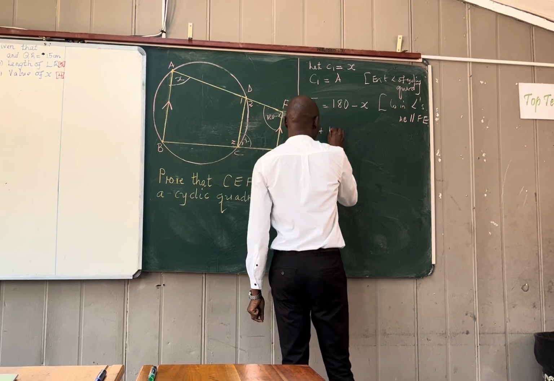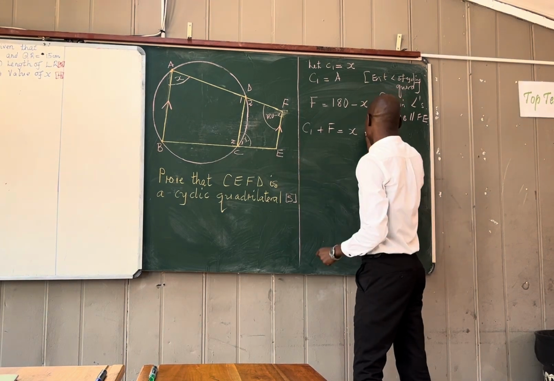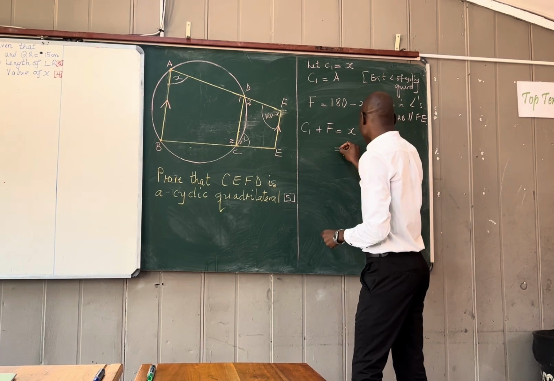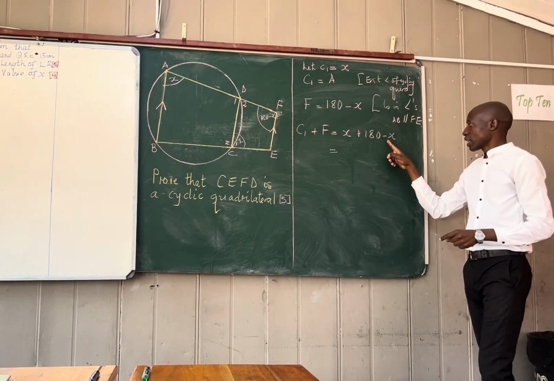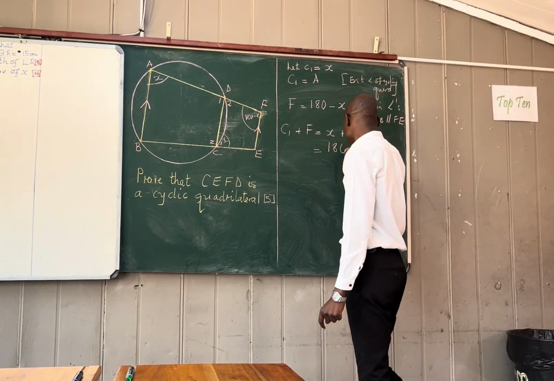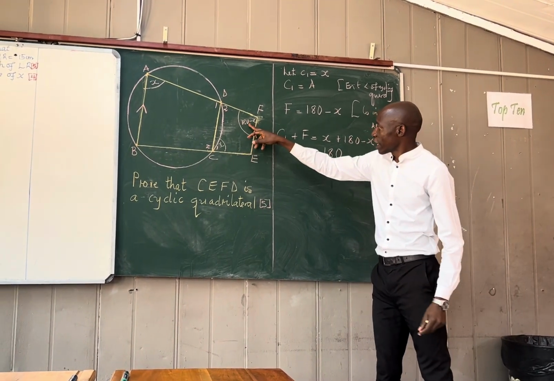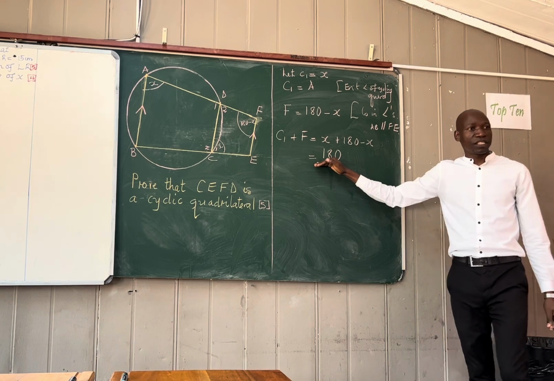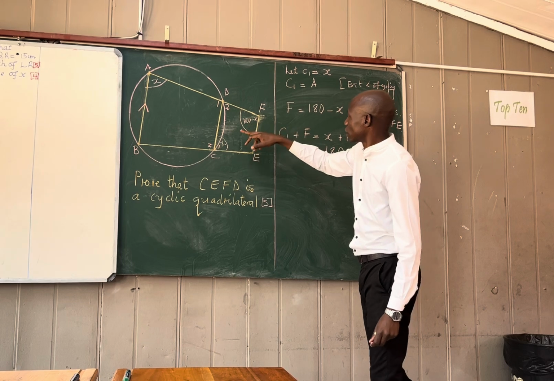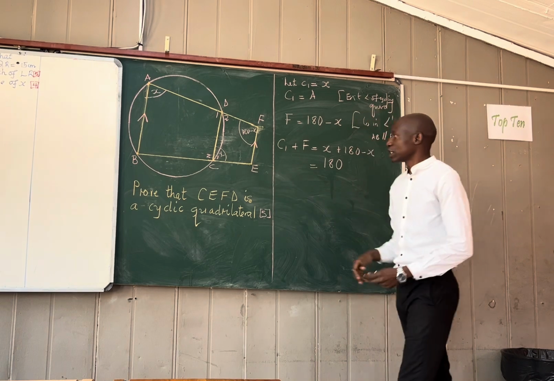C1 plus F is equal to X plus 180 minus X. This will be equal to X minus X, that's 0, and then we remain with 180. So if you add C1 and F, it gives us 180 degrees. This confirms that C1 and F add to 180 degrees and CEFD is a cyclic quad.